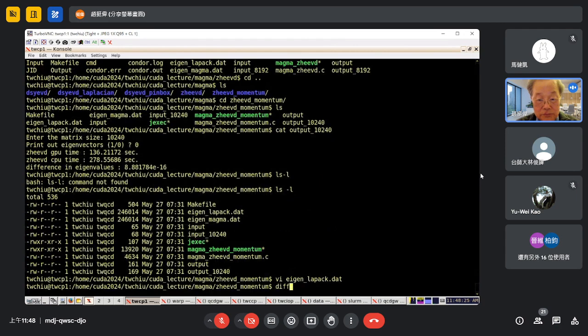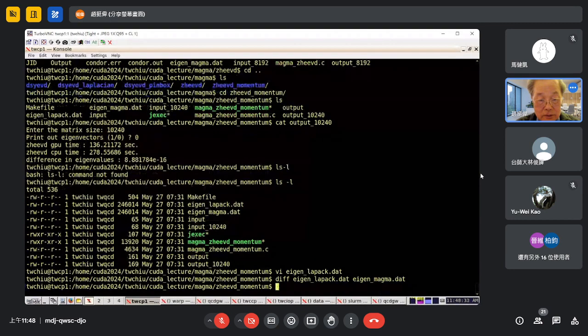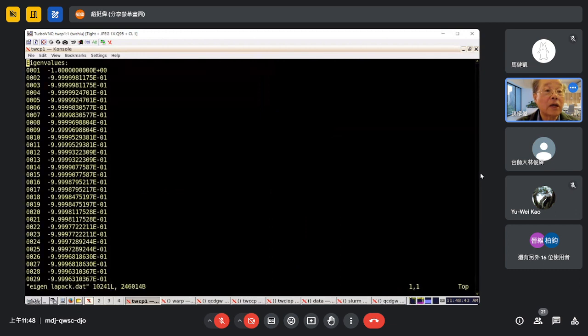If you look at the difference between the eigenvalues of LAPACK and the eigenvalues of MAGMA, you don't see the difference, even though you have how many digits here? I think there are 11 or 12 digits.